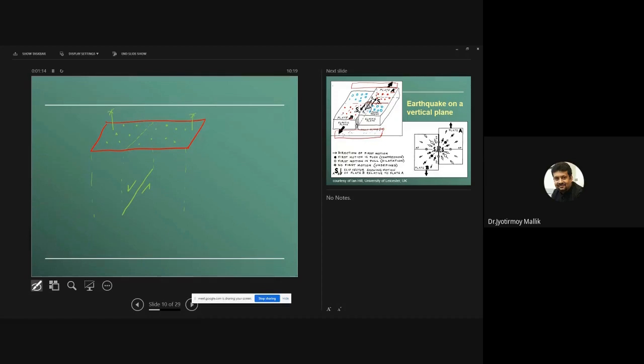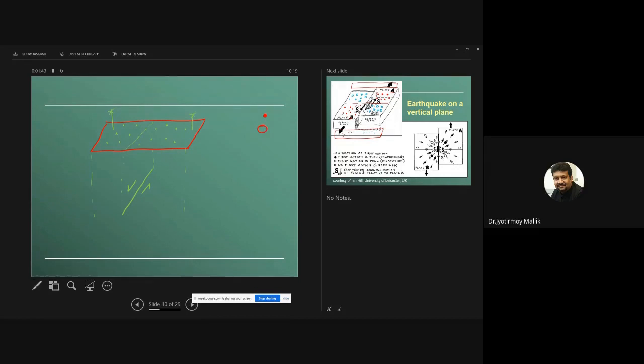Now I am observing the first motion on these seismometers, and I observe this sort of pattern. The compressional first motion we are denoting with a solid circle, and the dilational first motions we are denoting with a hollow circle.